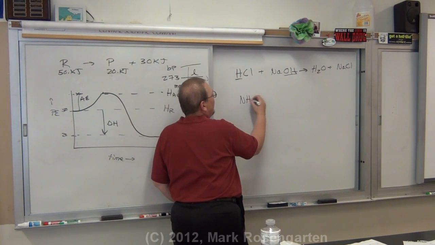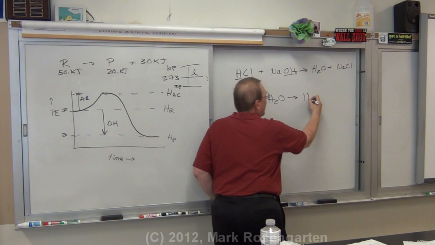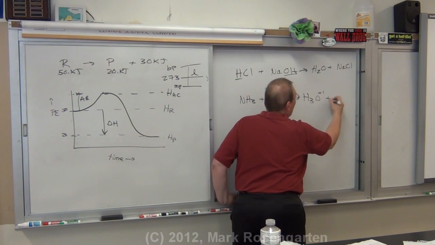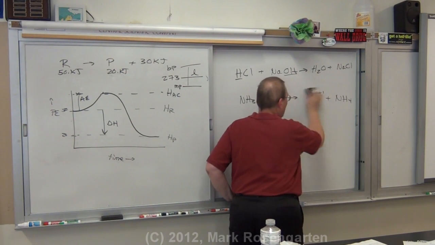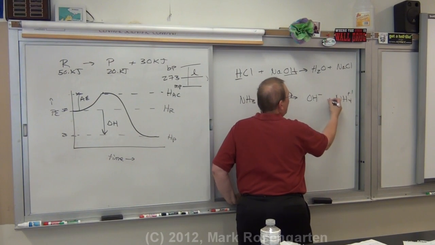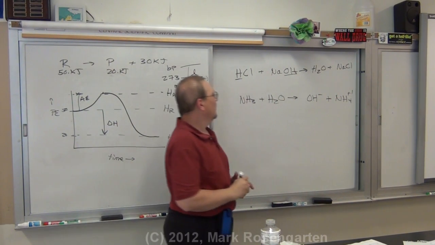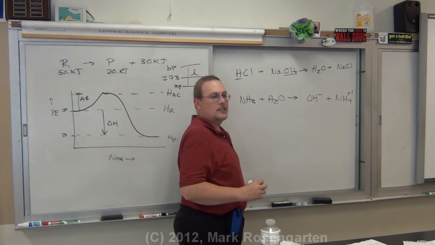It says if we take NH3 and we react it with H2O, we're going to get NH4 plus and OH minus. Now, what happens to NH3 determines whether it's an acid or a base.